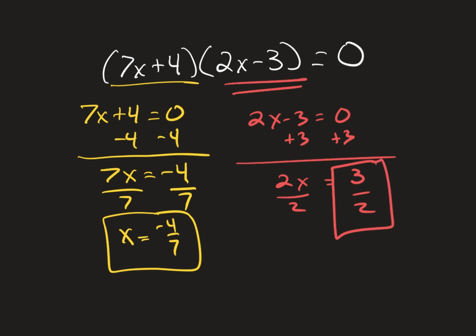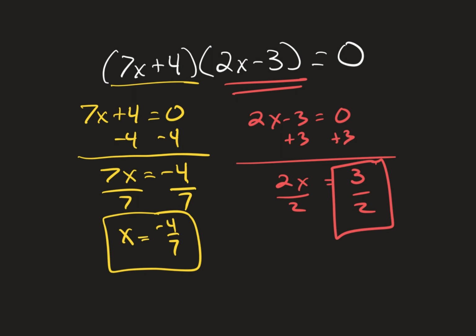Be lazy, be like me, and just circle it and say it's 3/2. Okay. That's my second solution. X is equal to 3/2. So either of those things, -4/7 or 3/2, is going to give me a true solution to this equation. Okay. Using what we call the zero product property.